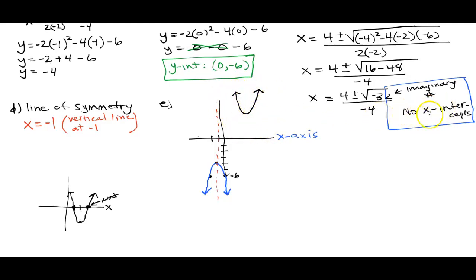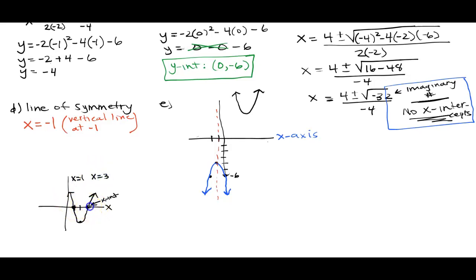Yeah, so that means if you tried to use the quadratic formula, you're going to end up with imaginary numbers because there are no x-intercepts. That's why you come up with an imaginary number here, because there's no place. So say that for this one, if we tried to do the quadratic formula, we'd come out with x equals 1, because that's what this one is, and x equals 3.